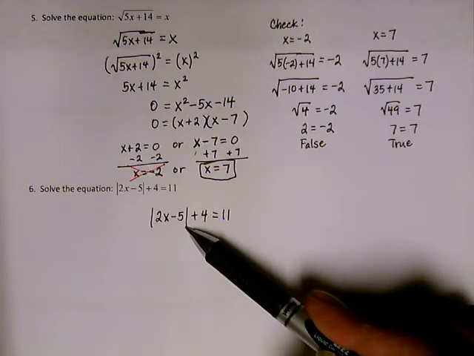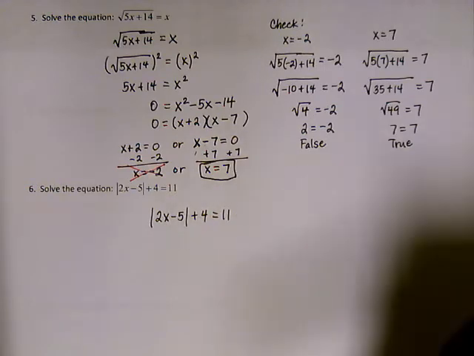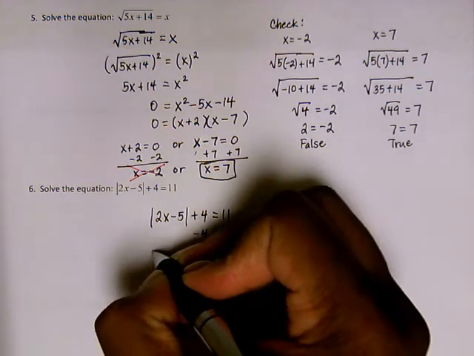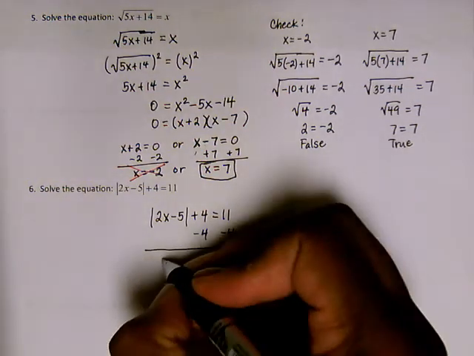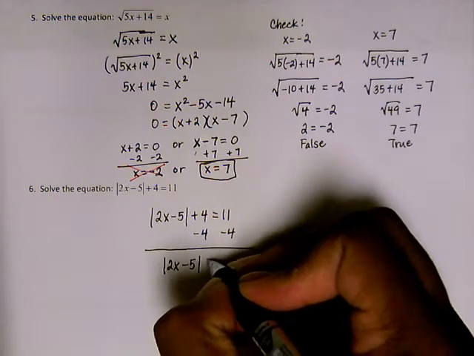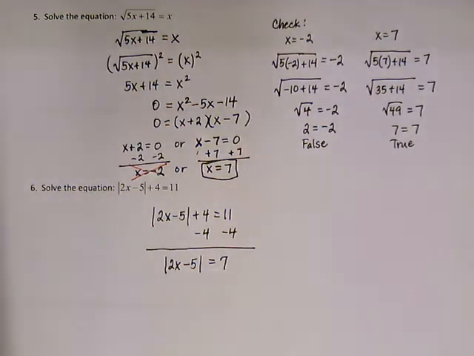That absolute value 2x minus 5, I need to get that by itself. I'm adding 4 to it, so I need to subtract 4 on both sides. So here you got the absolute value of 2x minus 5, and that's equal to 11 minus 4, that would be 7. So here the absolute value is by itself.